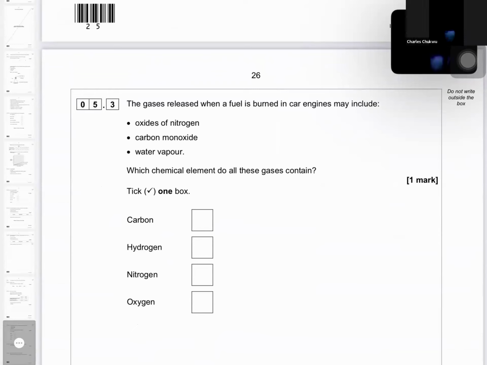But one more thing we can say about petrol is that it's easier for petrol to become a gas than for diesel to become a gas.